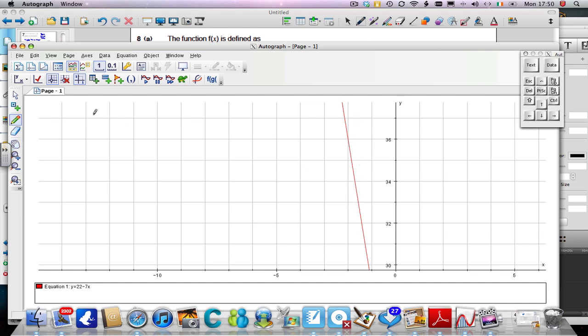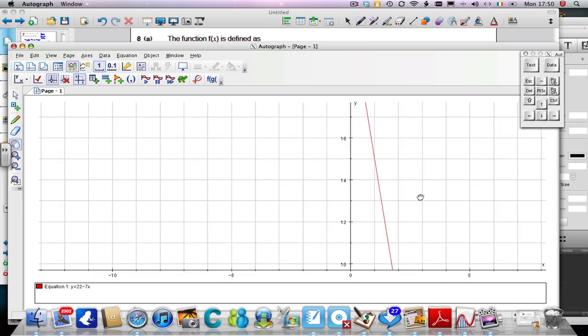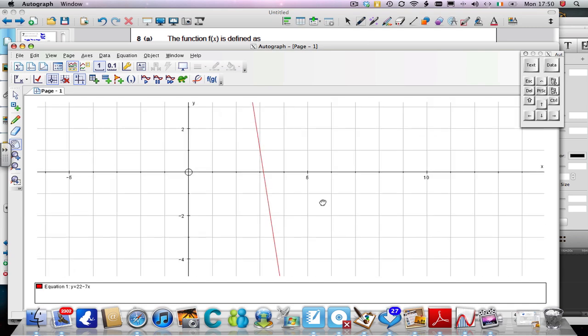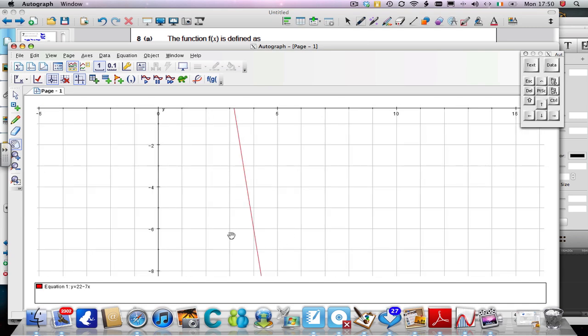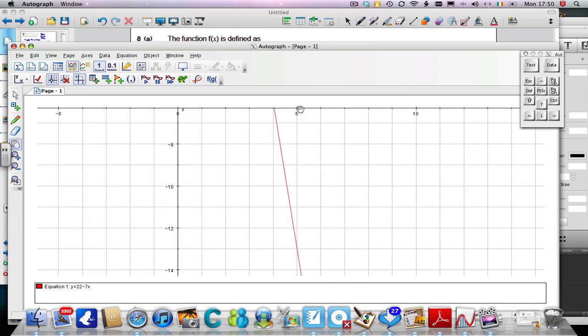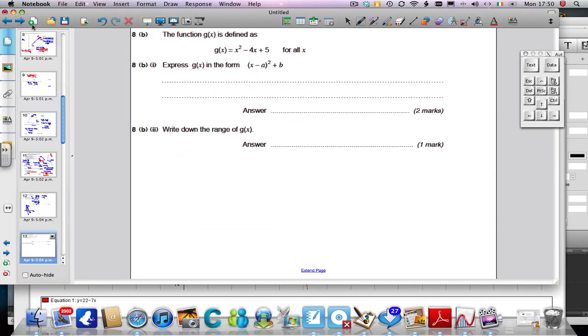There it is right there. That's negative 2, that's 36. And also, when x is 5, we should get negative 13. X is 5, we get negative 13. So we're absolutely spot on there.